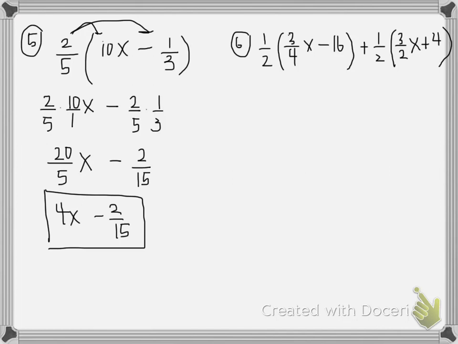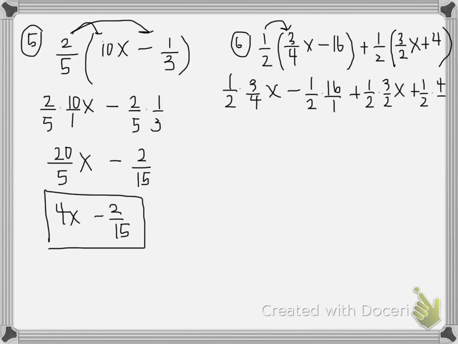Okay, what about number 6 as well? So we'll say 1/2 times 3/4x, so 1/2 times 3/4 will multiply. Minus 1/2 times 16, so it will be a negative. And then we'll say plus 1/2 times 3/2 x plus 1/2 times 4.